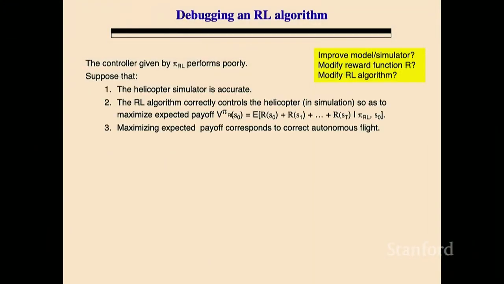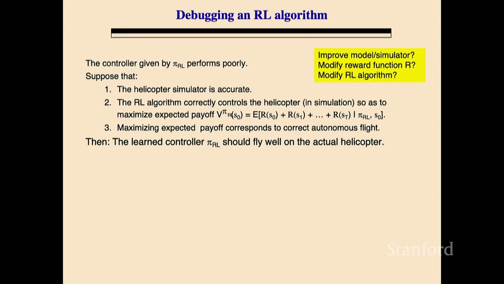I'll give you a second to read this, right? But if these three statements are true, then the learned controller should have flown well on the helicopter, right? And so those three sentences correspond to the three things in yellow that you could work on.